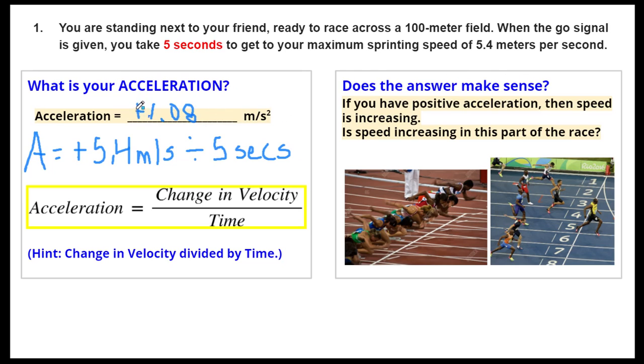And this is positive. Our acceleration is positive 1.08 meters per second squared.